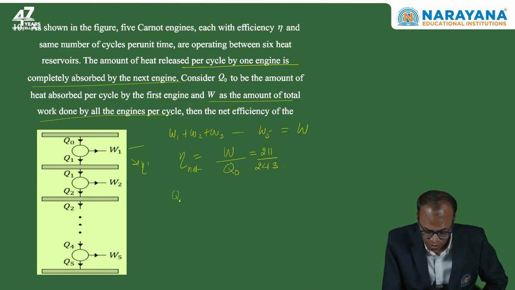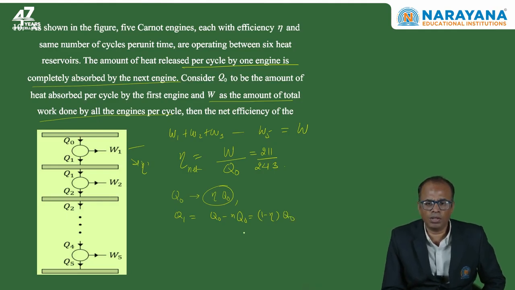So if Q naught is the heat absorbed, then eta times Q naught is the work output, and therefore heat rejected will be Q naught minus eta times Q naught, that is (1 minus eta) times Q naught.